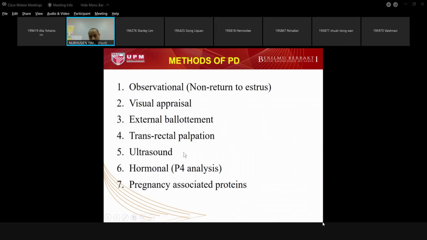We have ultrasound scanning, which is applicable for all species of animals. We also have hormone assay, analyzing the hormones related to pregnancy. Then we have pregnancy-associated proteins. In addition to this, which is not listed here, you can also apply radiography to diagnose pregnancy. We'll see each one of these methods in a bit more detail subsequently.